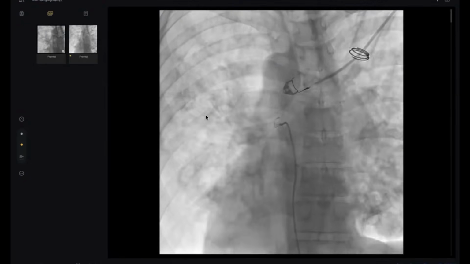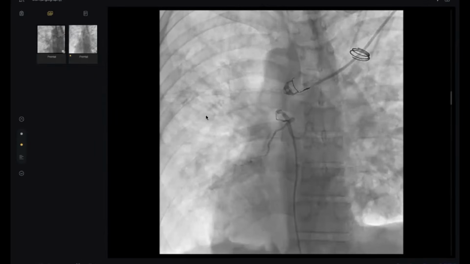Could you enumerate for me the most dangerous or common complication of bronchial artery embolization? I'm not sure, doctor.